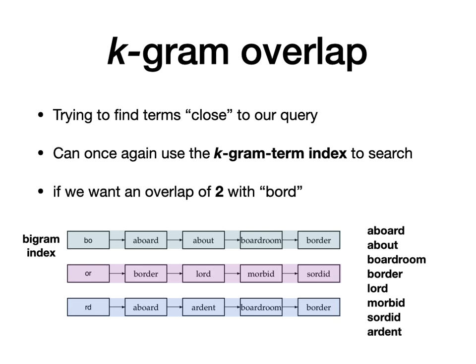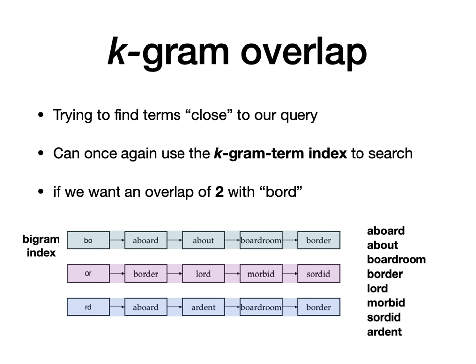So BO points to aboard, about, boardroom, border, all that. OR points to some of the same words. So border, lord, morbid, sorted, and so on. RD points to some of the same words, but also different ones. So the idea being, we're only going to include something in this set of words to be considered as an alternative if they satisfy a minimum of 2.